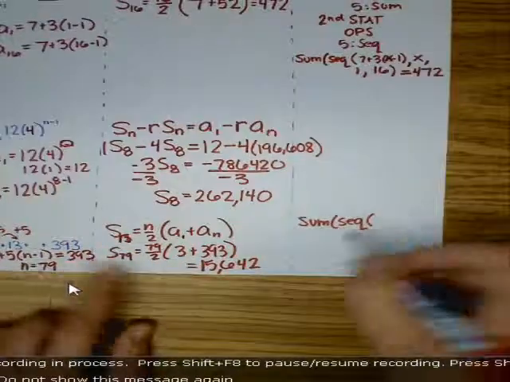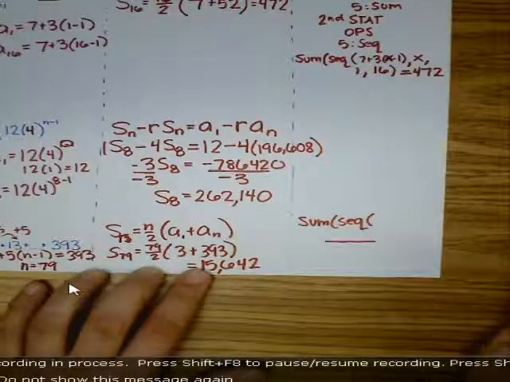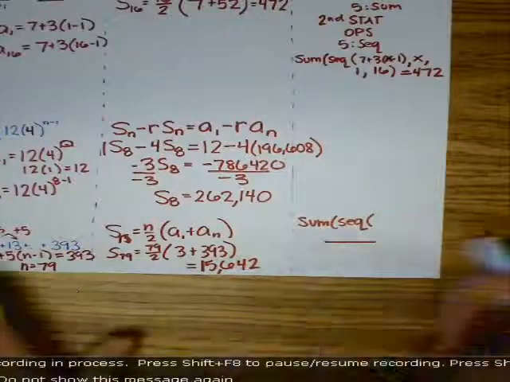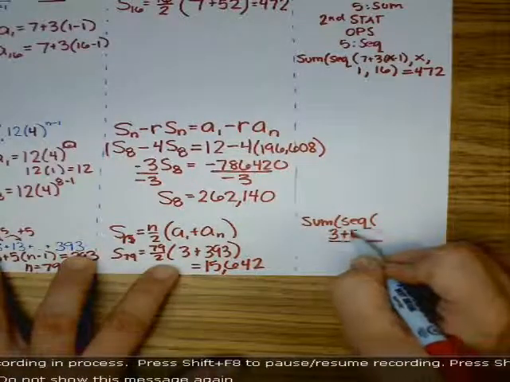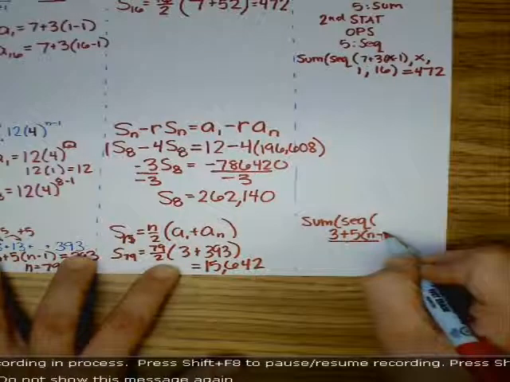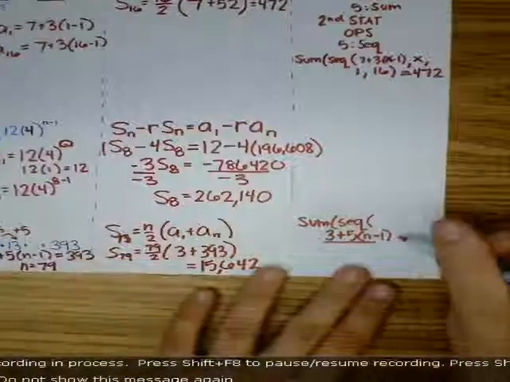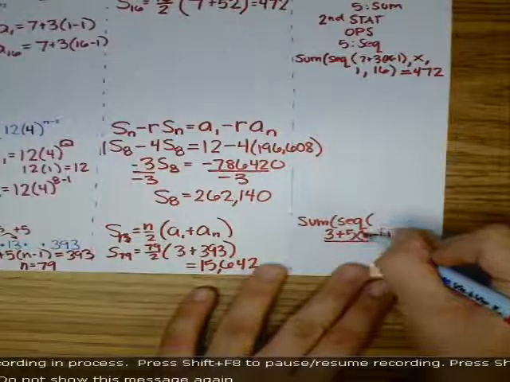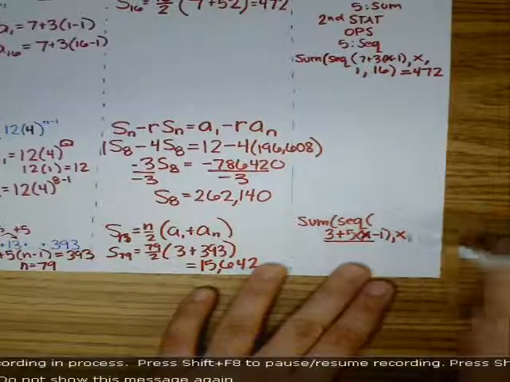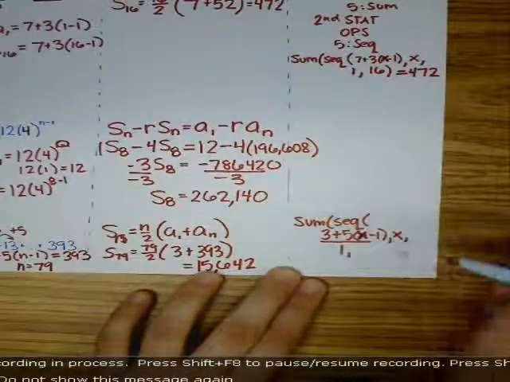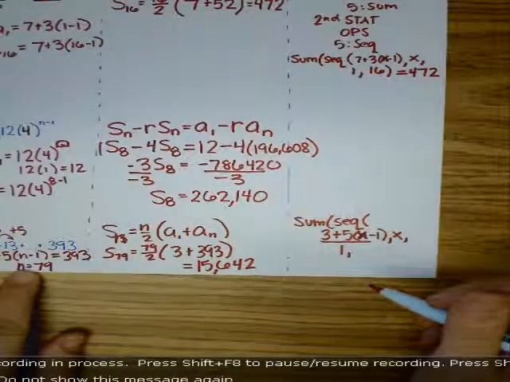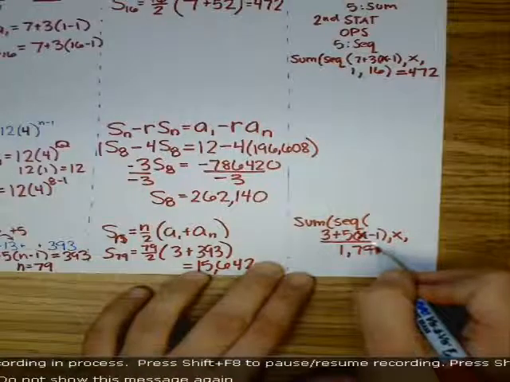If I try to enter this in my calculator, remember I've got to say the sum of the sequence, and then I have to write the explicit formula. If you don't have the explicit formula, you're going to have to create it. I start at 3. I add 5. I don't know how many times. Then you have to define your variable. We'll call this one x in our calculator. You have to tell it our lower limit. I'm starting at the first term, and then you're also going to have to calculate that 79 because we don't know where we're ending.